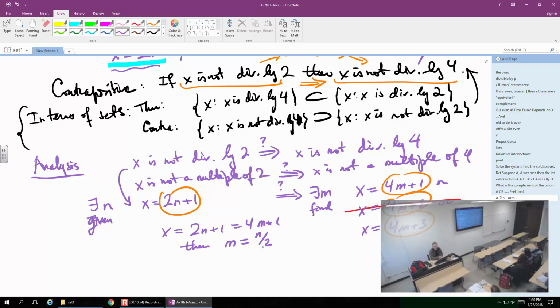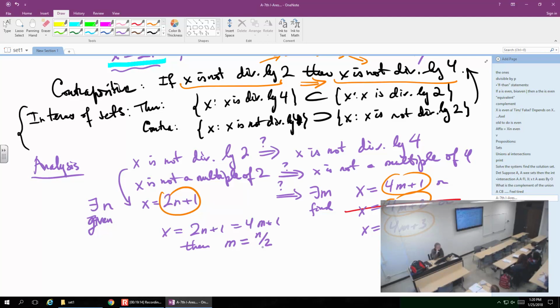Remember, I didn't write it here, but m and n both are integers. So m is n over 2, but it might not be an integer. So that's a problem, sort of. It might be an integer or might not be, depending on whether n is odd or even.